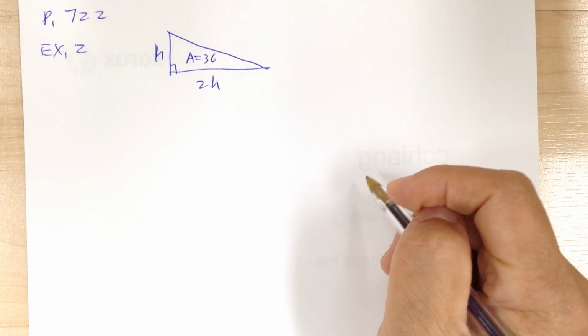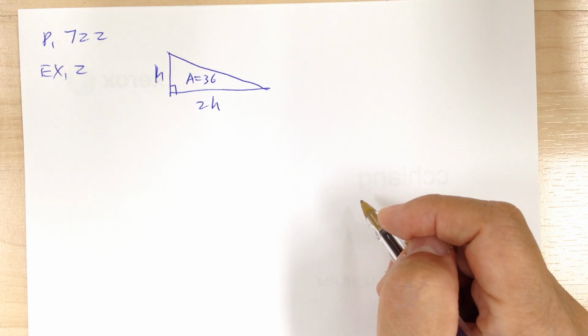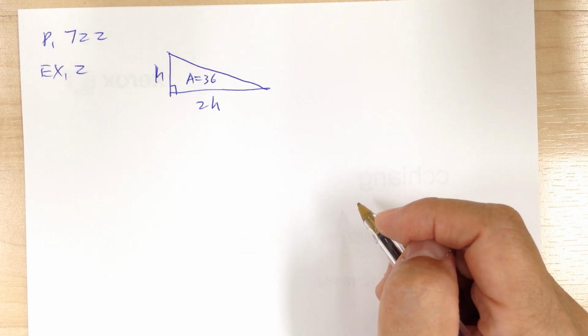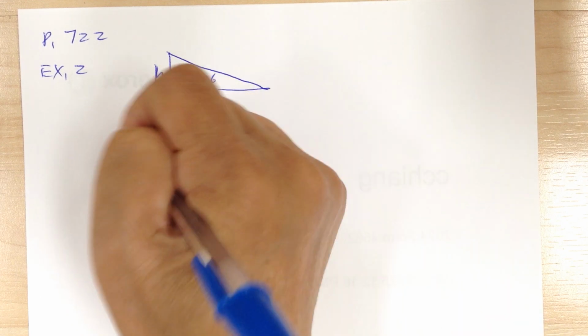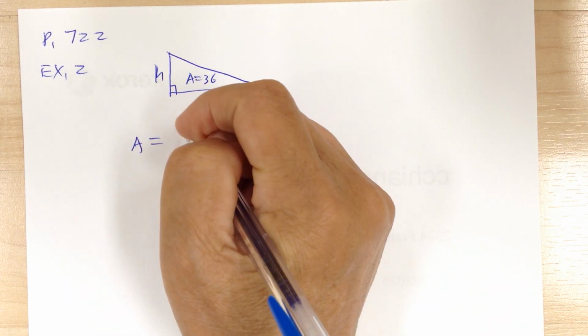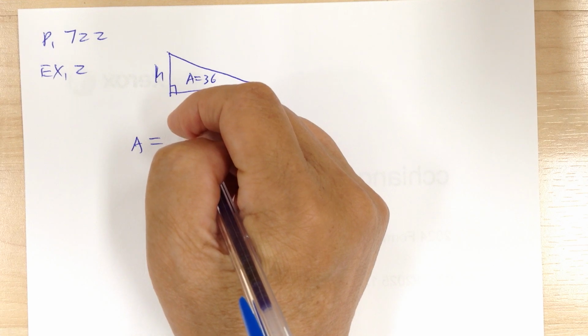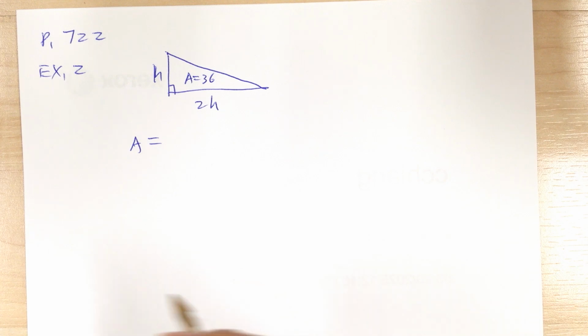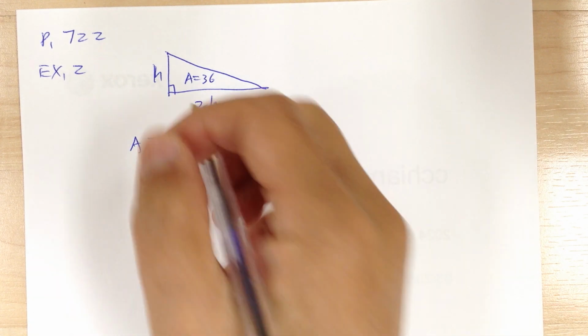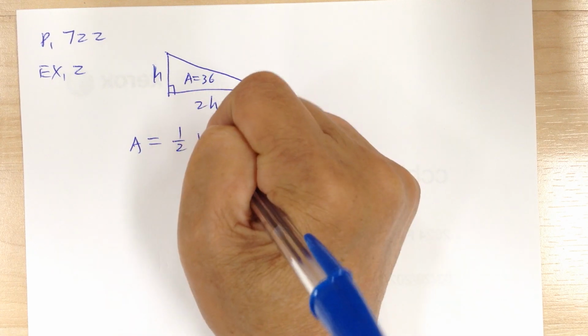Okay? So you have a triangle. Whenever you're going to solve something, it's important that you write down the formula first and then substitute. So first write down the formula for a triangle, which we just derived earlier. The triangle is 1/2 base times height, right? 1/2 of the rectangle or 1/2 of the parallelogram. So it'll be 1/2 base times height.